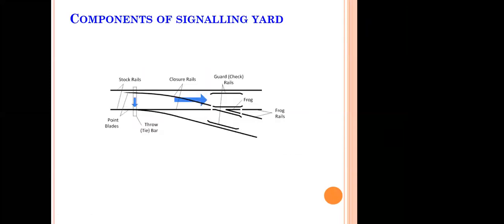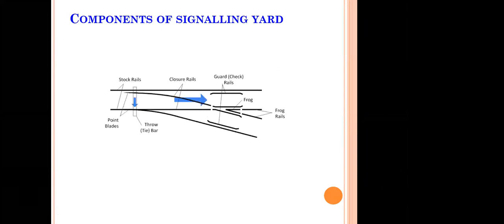Now this is how a point is diverting a train: main line to loop line, loop line to main line. A train can be diverted based on the setting of the point. It is up to me to set a point because I am the operator, the person who is deciding where the train is to come.